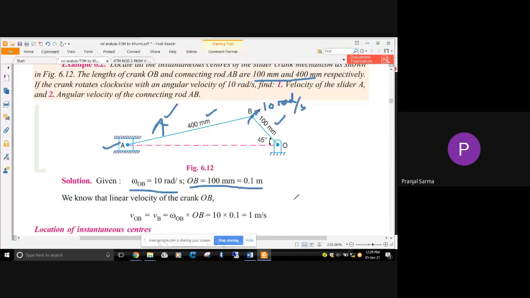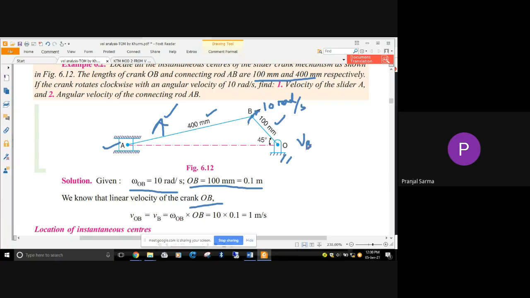From there we can find the linear velocity. The linear velocity of link OB can be written as VOB, and since O is a fixed point, that is nothing but VB, the velocity of B with respect to O.